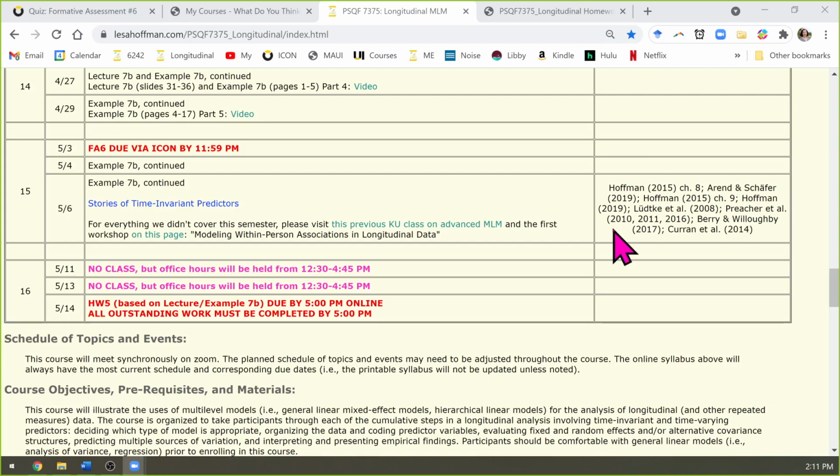There are multivariate strategies, there are univariate strategies, there's centering strategies that go within each of those, and it's a fairly complex topic. But I just wanted to put a pin in that if you are reading a research article and you see somebody list the effect of a time varying predictor in a table, and there's nothing about it that corresponds to the person level as a separate predictor, that model is wrong.